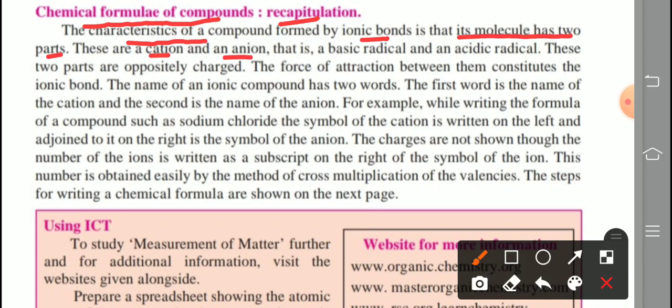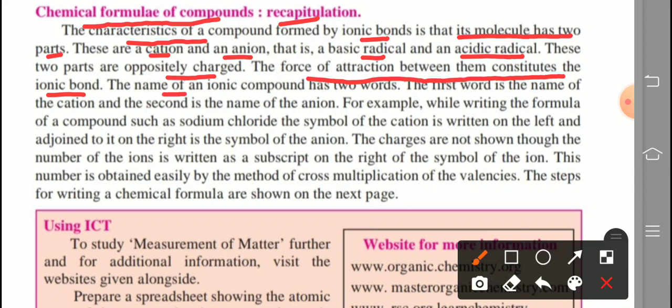Cation means positive ion, anion means negative ion. That is a basic radical and acidic radical. These two parts are oppositely charged. The force of attraction between them constitutes the ionic bond, because these positive and negative charges attract each other and form the bond. That is called an ionic bond.